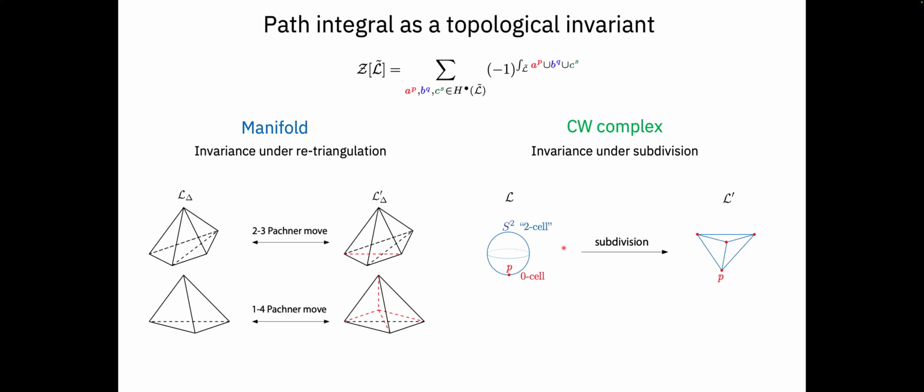And we will still preserve the path integral. It's still invariant under this subdivision. And one important fact I need to use is that there indeed should exist a non-trivial triple intersection in this path integral.